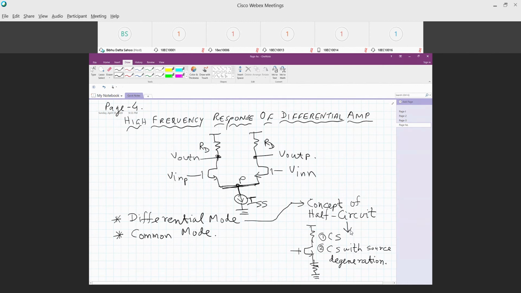Now, in order to analyze the common mode circuit, we assume an output resistance RSS of the current source. If that happens, then the equivalent circuit for common mode high frequency response would boil down to something like this: RSS by 2 and 2 transistors in parallel.